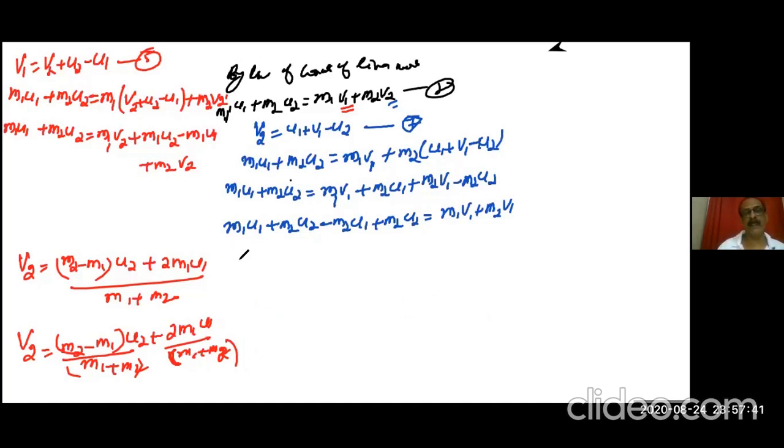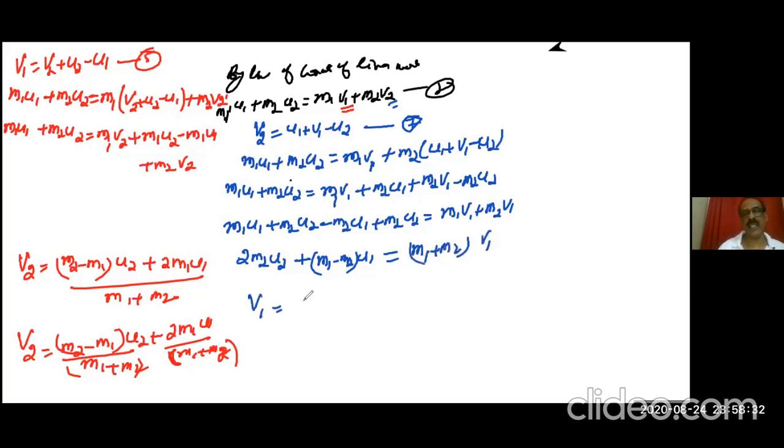Now here, M1 U1 minus M2 U1, and M2 U2 plus M2 U2 gives 2 M2 U2, plus take U1 common, M1 minus M2 into U1, is equal to M1 plus M2 into V1.